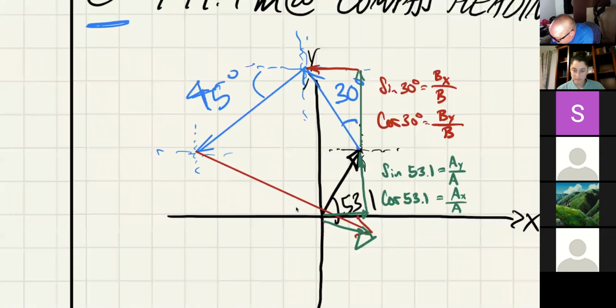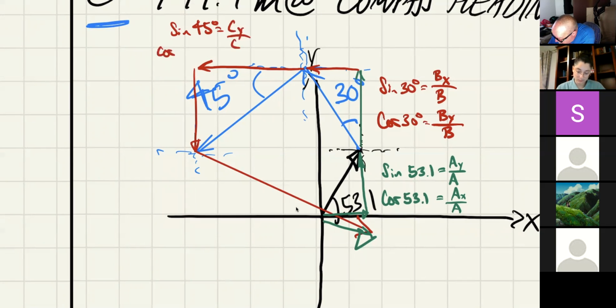This one has a negative x component and a negative y component. And I can see that sine of 45 degrees is equal to opposite, which is C sub y, over hypotenuse, which is C, and cosine 45 degrees is equal to adjacent, which is C sub x, over C.